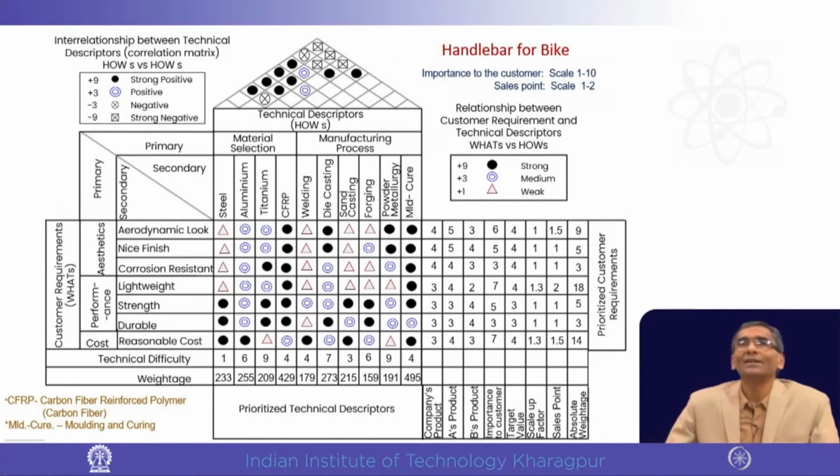So, now if we are multiplying 9 into a triangle, that is 1, then 5 into the triangle, that is another 1, 3 into the triangle, another 1, 18 into the triangle is 18 into 1, 5 into the solid dot, that is 5 into 9, 3 into solid dot, that is 3 into 9, 14 into solid dot, that is 14 into 9, and so on and so forth. Okay.